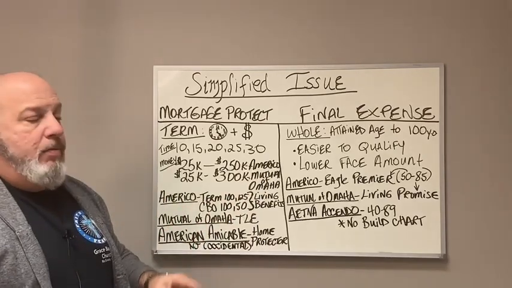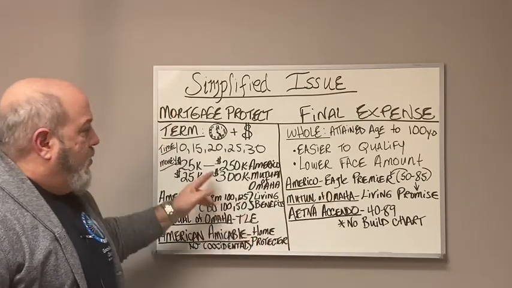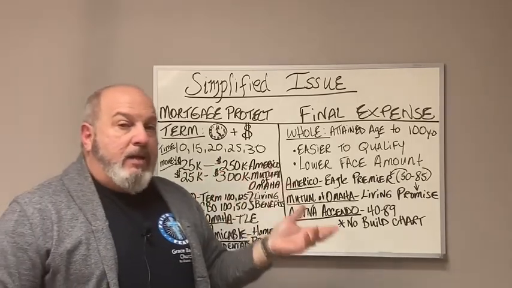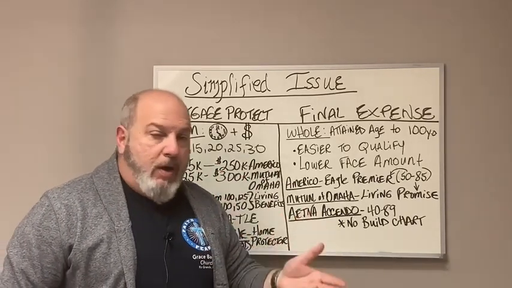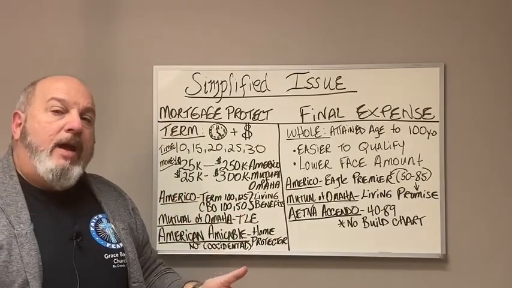Say, but can I go over that? You can, but we strongly recommend that you do not, because if you go over the $250,000 with Americo, you're going to need to have a mouth swab done, and it's just much more complicated, and it takes a lot more time, and it's going to bog you down as a new agent.